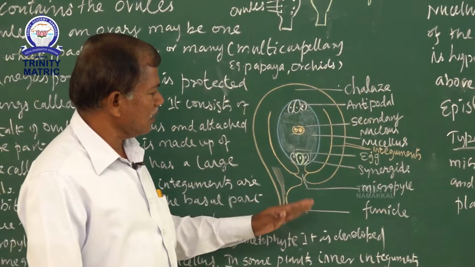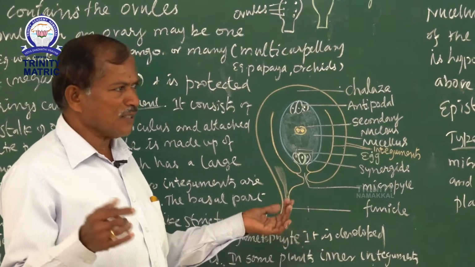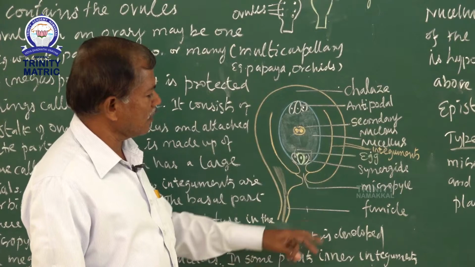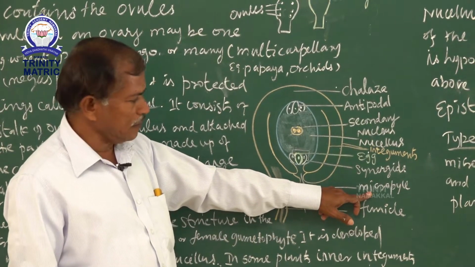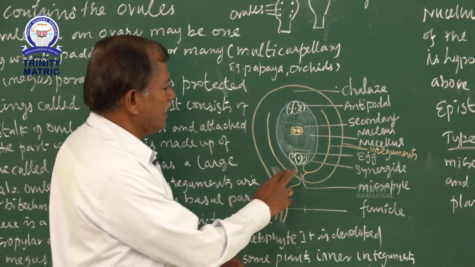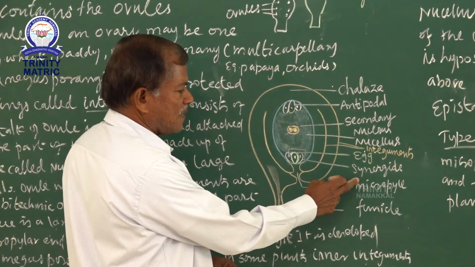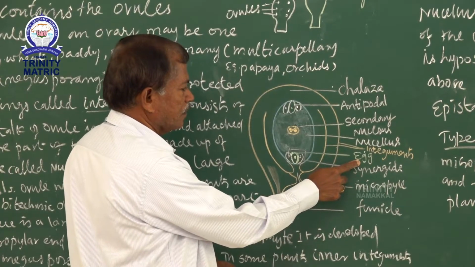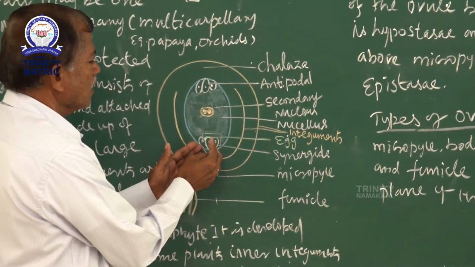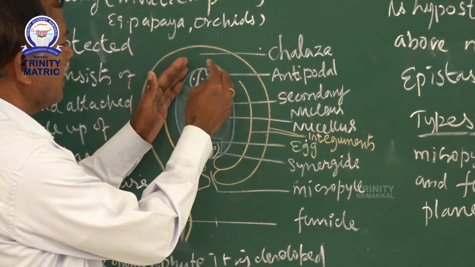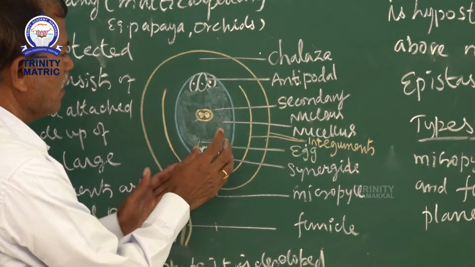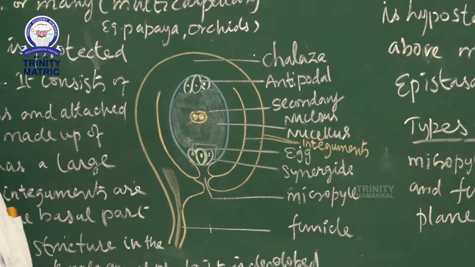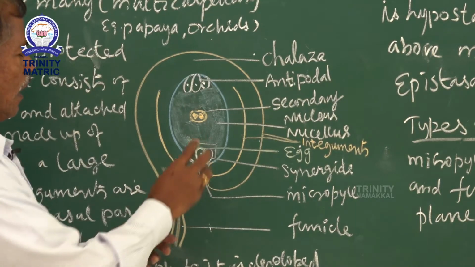Look at this picture. This is the structure of ovule. Already you have studied this in 10th standard, so once again we will recall the parts. You see the micropyle, and these two regions are called synergids, and the center part is called the egg. These are located in the oval shaped structure called the embryo sac.